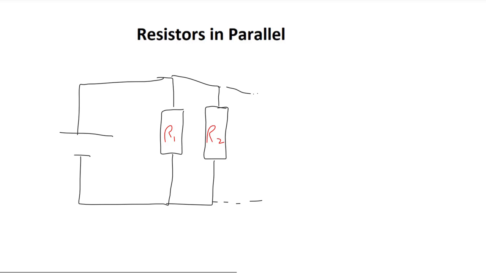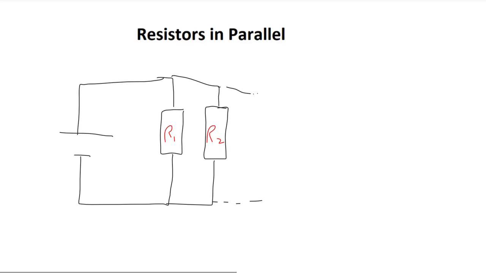However, what is true, as I already explained with Kirchhoff's voltage law, is that the voltage drop through each different branch in the circuit must be the same. In other words, the voltage drop across resistor 1 is equal to the voltage drop across resistor 2 and so on. However, while this is true for the voltage drop, it is not true for the resistance. In general, electrons prefer to go down a path of smaller resistance.